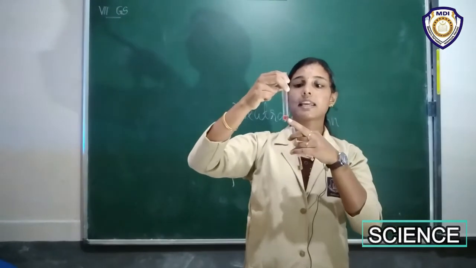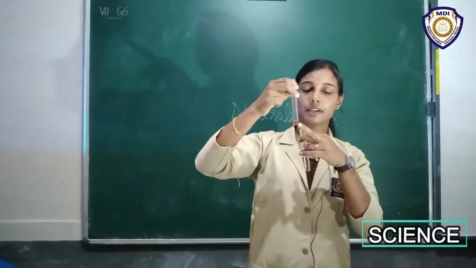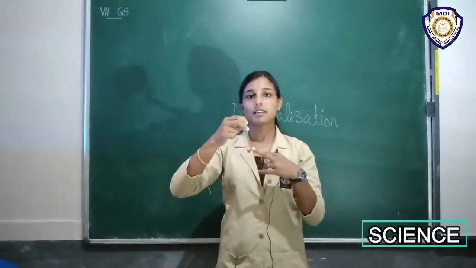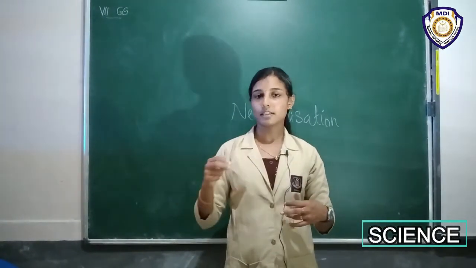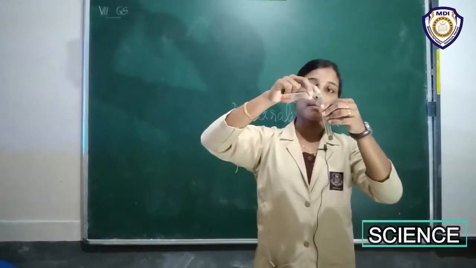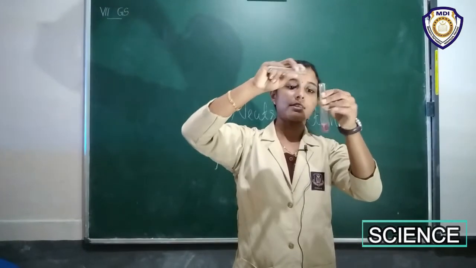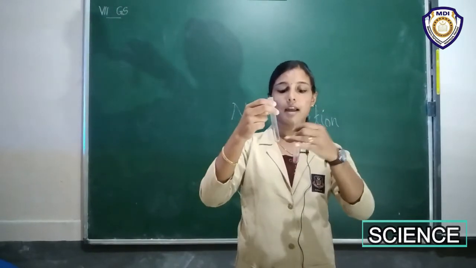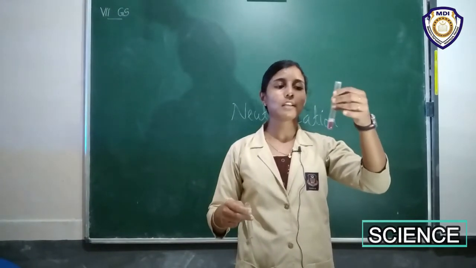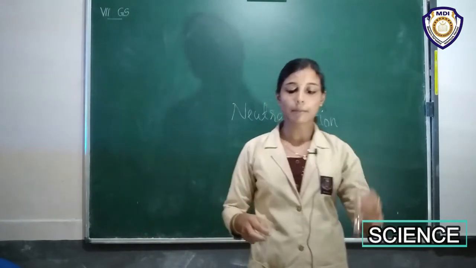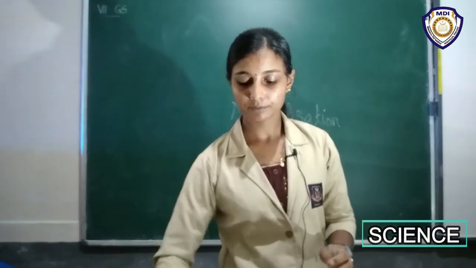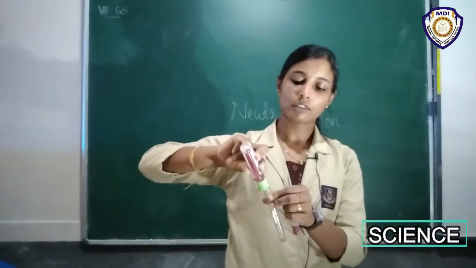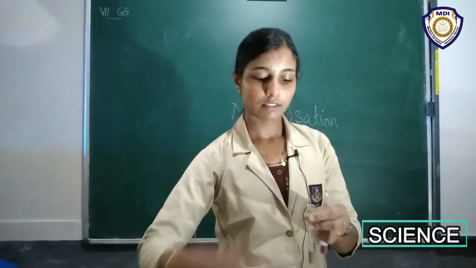China rose indicates this reddish or pink color, which tells us this is an acidic solution. So when I mix this acidic solution and basic solution together, what happens? If the acidic and basic solutions are equal in amount, what will happen? This will become the color of the test solution.